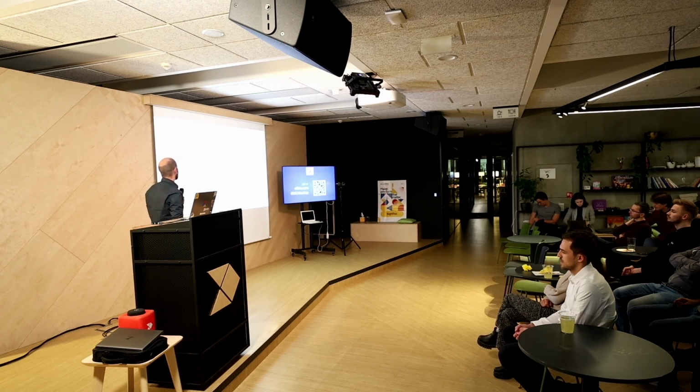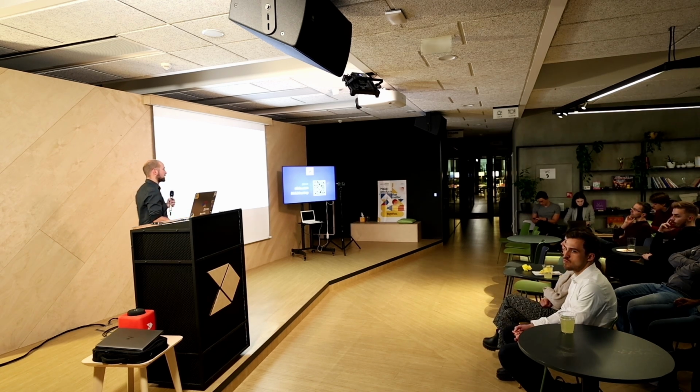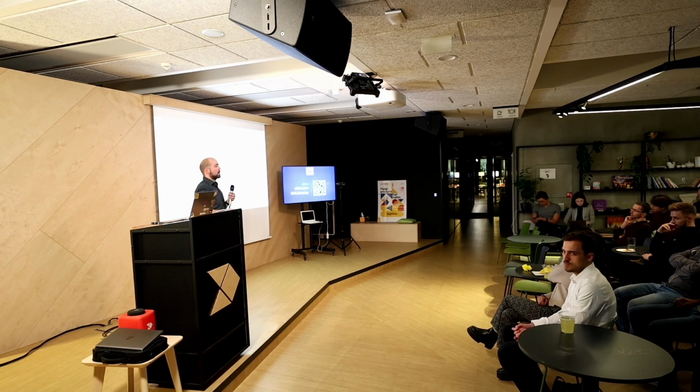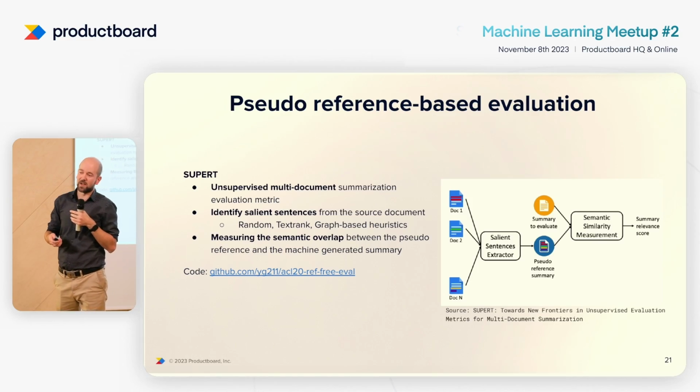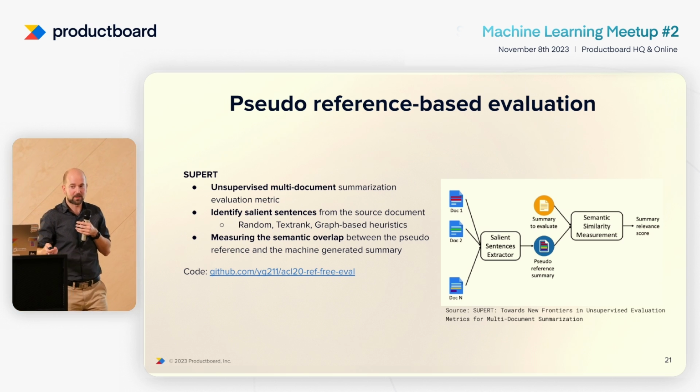You can either randomly select the important sentences, you can use TextRank, basically whatever method can find some important part of the document, and then compare this important part of the document with the summary that you generated, and use it as the quality of the summary. As you can probably imagine, this is not precise, but the advantage is that it doesn't require any human input, and you can use this to assess the quality of thousands of summaries.